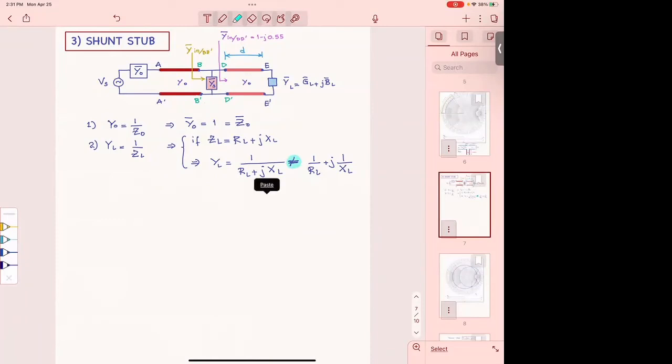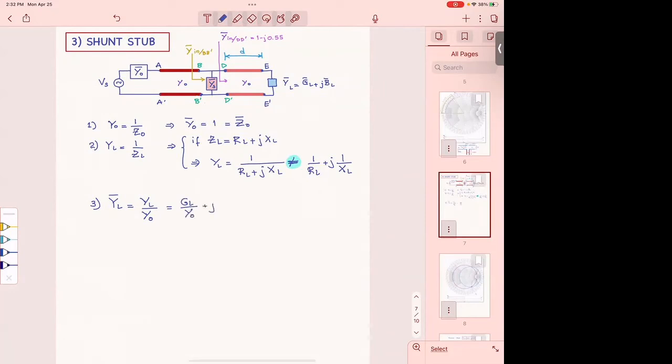So that is. Now, when I normalize a YL, I normalize it with respect to Y naught, not Z naught, obviously. And therefore, since I wrote this in this form, this is going to be GL over Y naught plus J BL over Y naught.